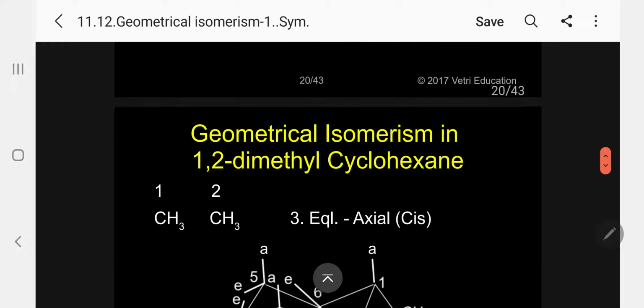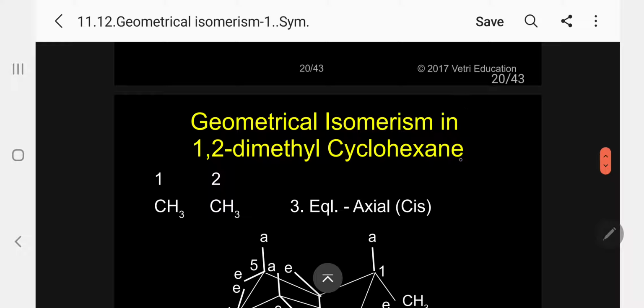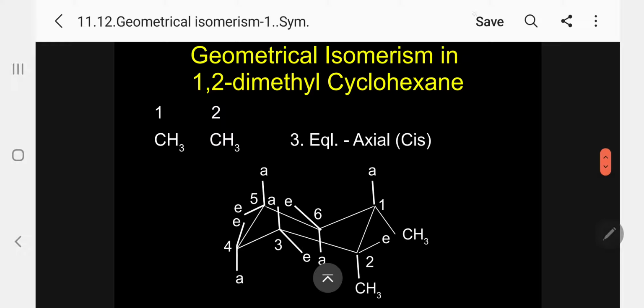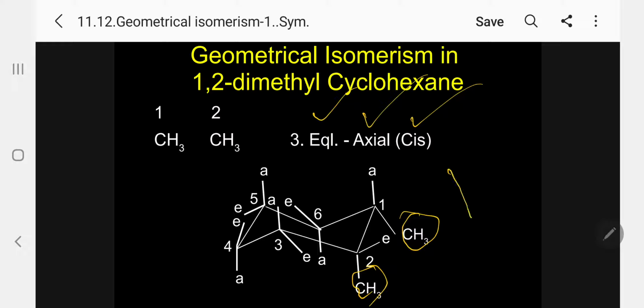Then the third example, the isomer, again kindly follow. In the third one, say 1 methyl group is equatorial, and the other methyl group is axial. Kindly follow. So this is also called cis because the 1 methyl group is coming down and the 2 methyl group is also coming down, the same direction, so it is cis.